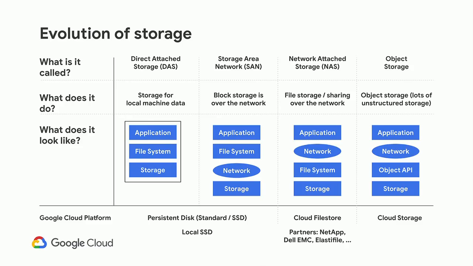In storage area networks, the main idea is that the network is separating the storage from a set of machines that are storing effectively blocks of storage, and the file system is local to the machine which is running the application. The reason this was important is that it allowed you to operate locally on files in your compute instance, but over the network, communicate in large blocks of storage. So you'd communicate with an 8K block, or a 16K block, or a 64K block.